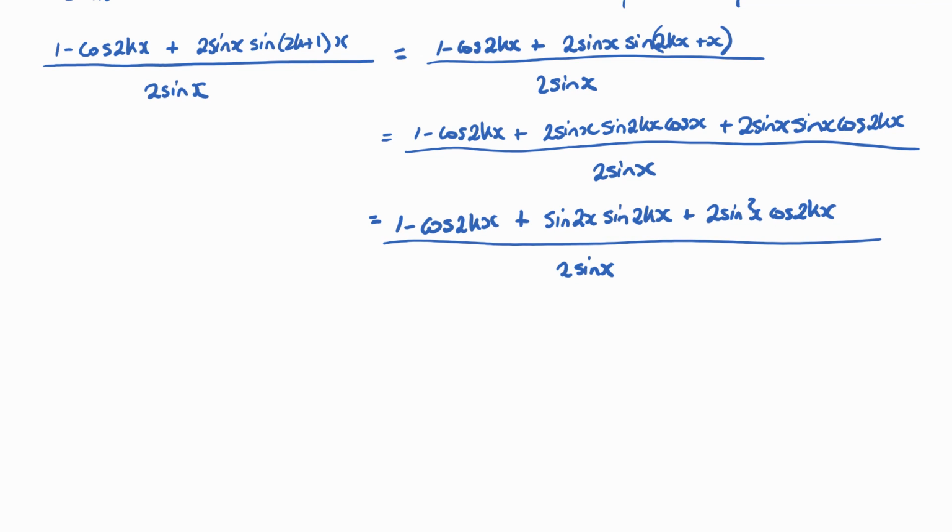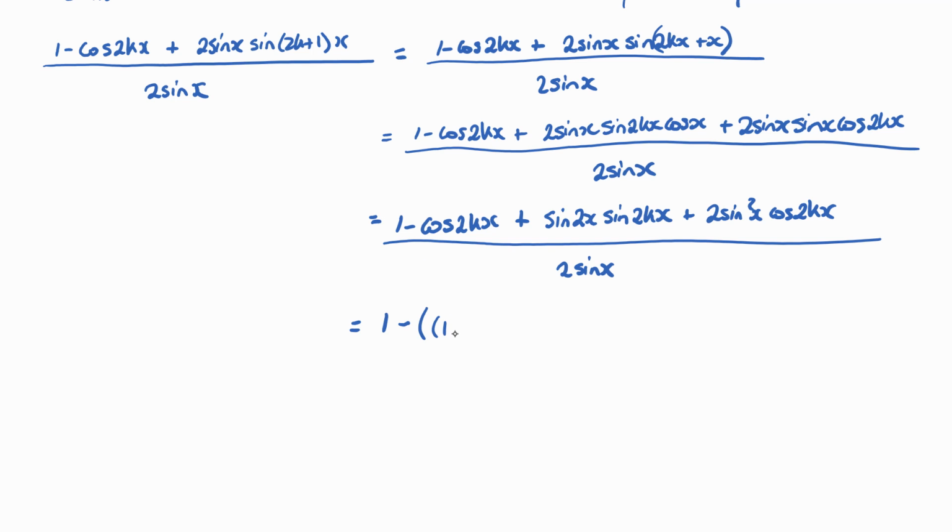This top line again can be simplified, so it's going to be 1. Cos 2x is common in this term here and this term here, so I'm going to put a minus sign. This will get confusing, so it's minus and then a bracket, and I'm going to have another bracket here.